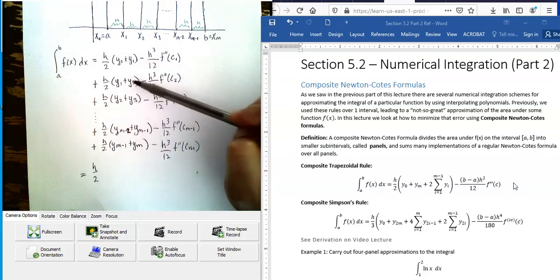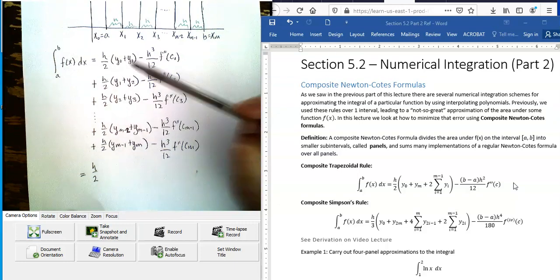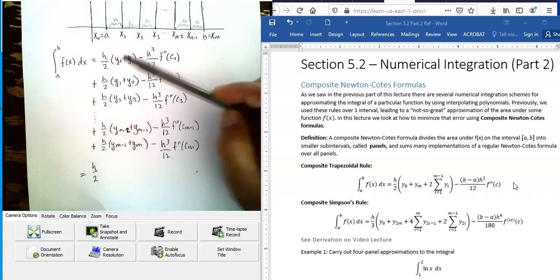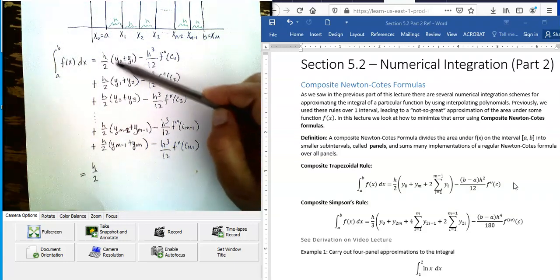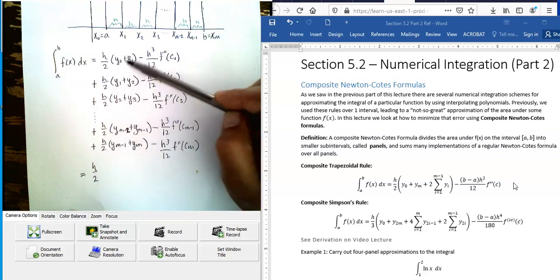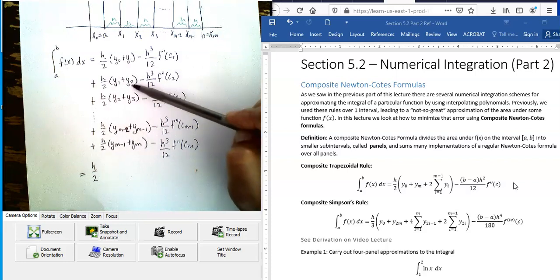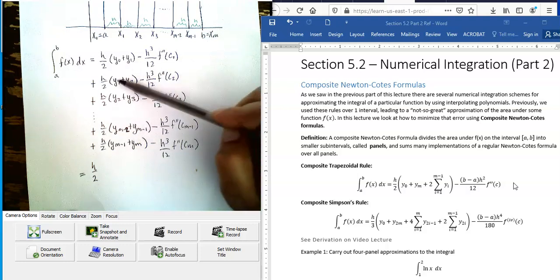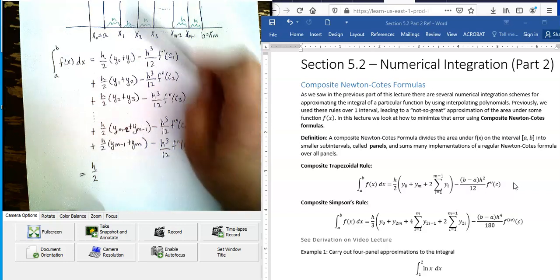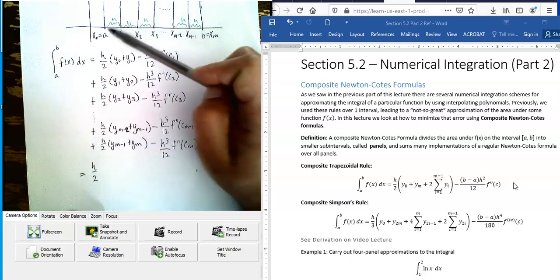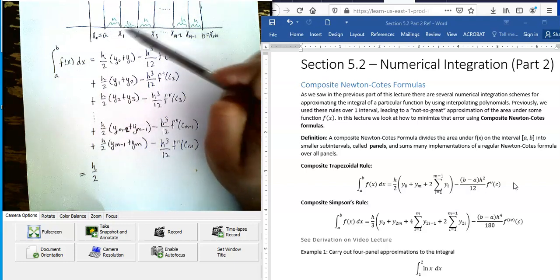Also note that we have repeating y terms in each successive calculation, right? So y naught, there is only one y naught here, right? So if I factored out all the h over 2's, I would have y naught plus y1 plus y1 plus y2 plus y2 plus y3 plus y3, so on and so forth. So you can see all of those intermediate points that are within the interval always show up twice because each is an endpoint for the first interval and the second interval.